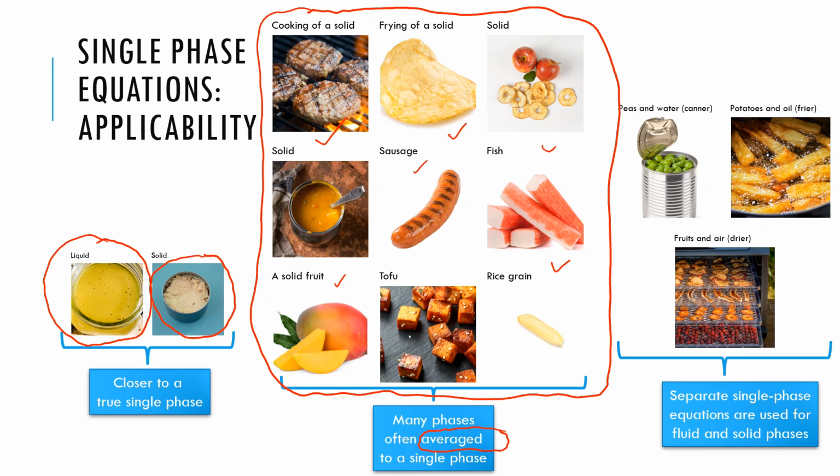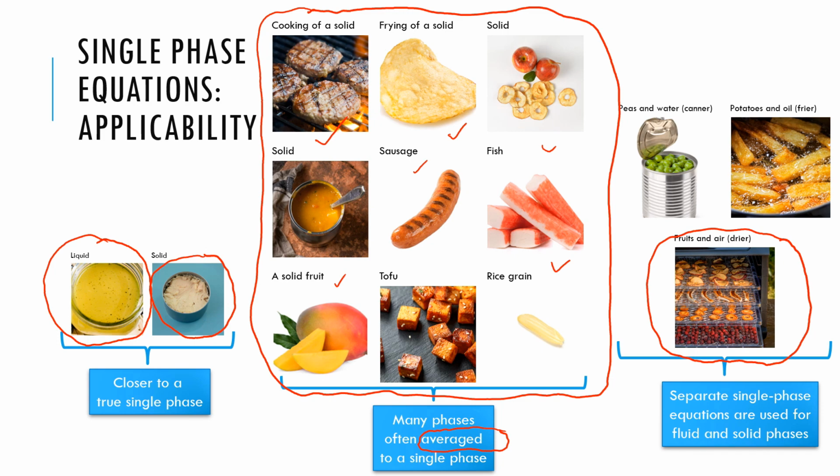So this is how the single phase equations are extended. Another way it is extended to many real world processes is to use an equation for each phase, a separate equation for each phase simultaneously. So let's say we are trying to model drying inside this dryer. We'll have one equation for the air and one equation for the solid phase. And the equation for the solid phase in turn could be a composite, like the average kind we just talked about.